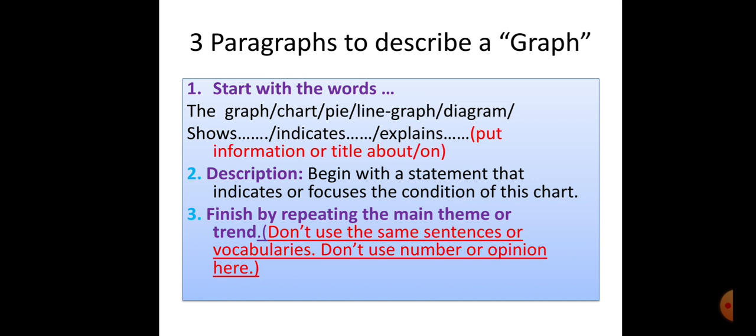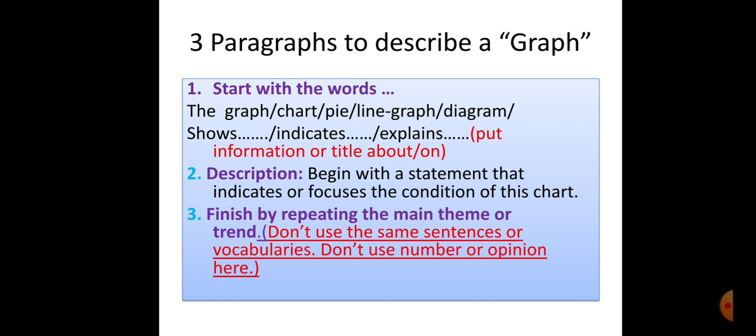Then the second paragraph, description. Yes, you have to describe, or begin with a statement that indicates or focuses on the condition of this chart. And finally, finish all this description by repeating the main theme or trend in the last portion or the last line.